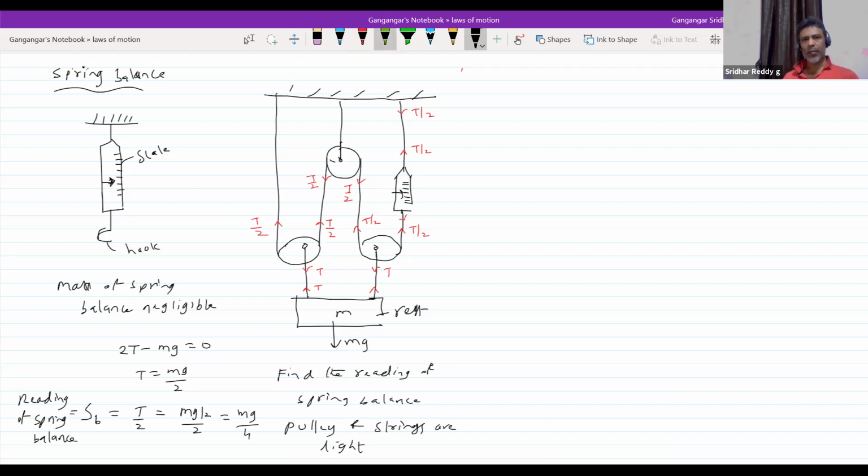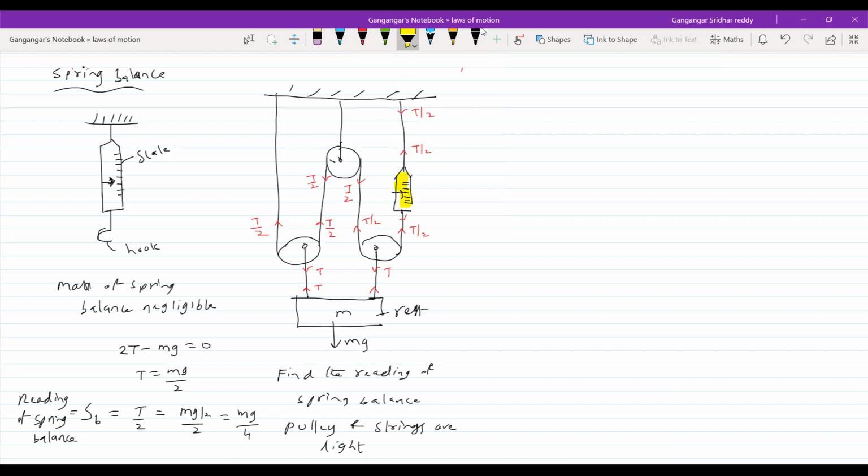Getting the idea? So for the spring balance, you need not bother about its working. Is it okay?